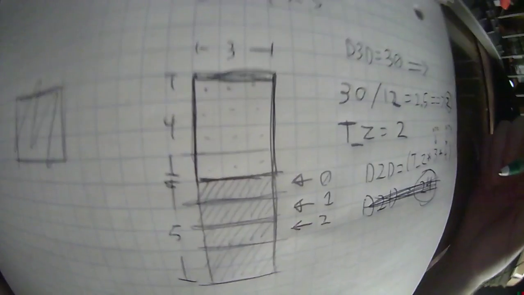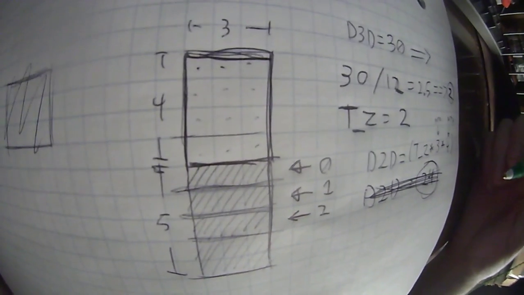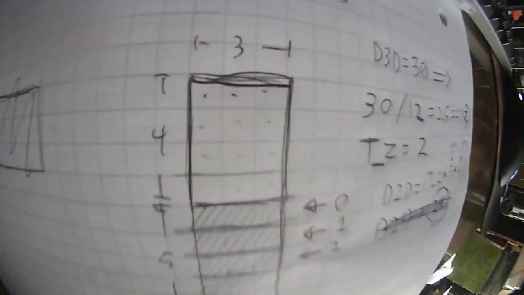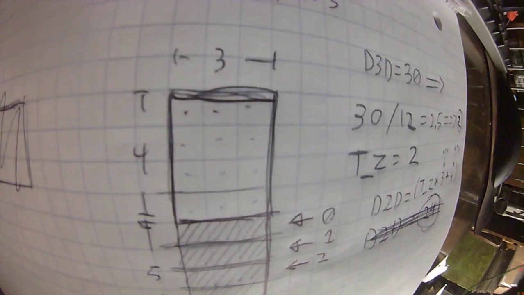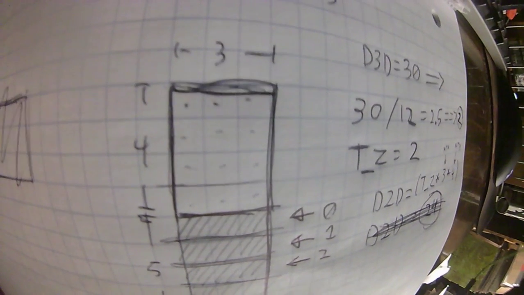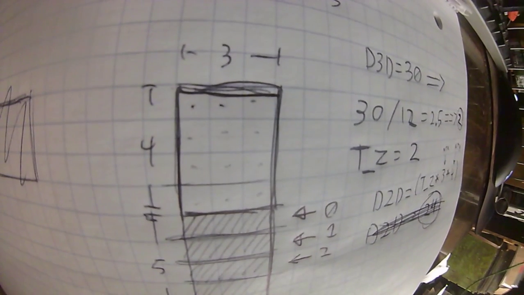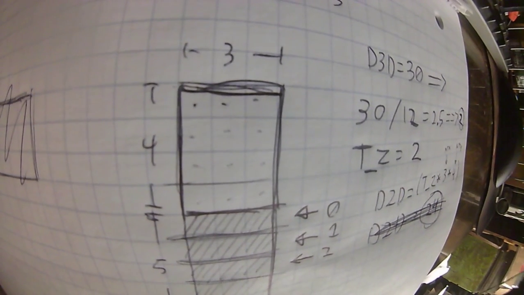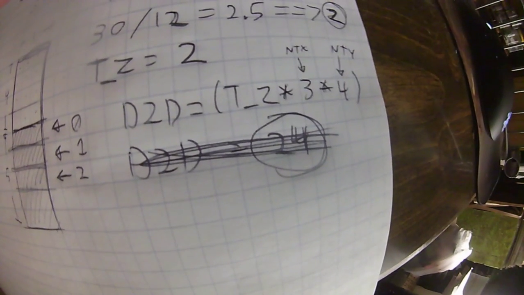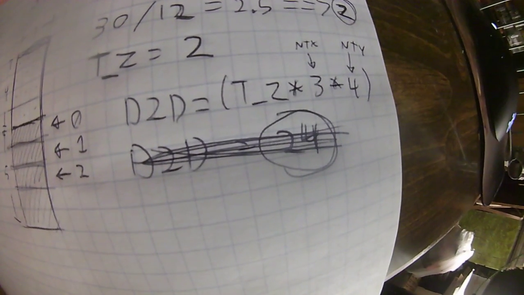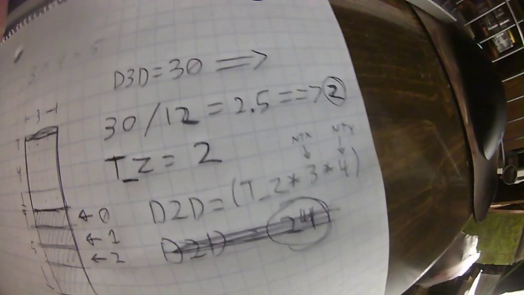Because 24... 3 times 4 is 12. One of these cross sections is already... oh, hold on. D2D, dex 2D, TZ times, that's not dex, we have to take D3D, which is 30. Okay, so that's just not correct.